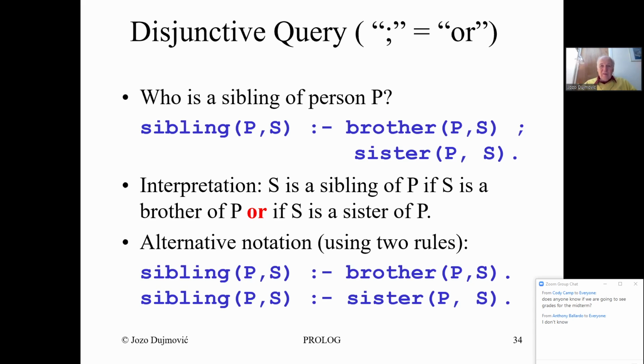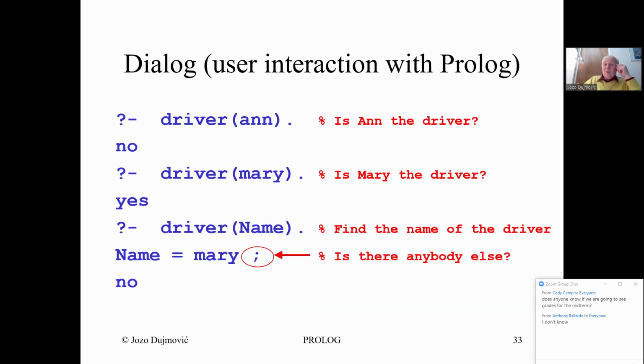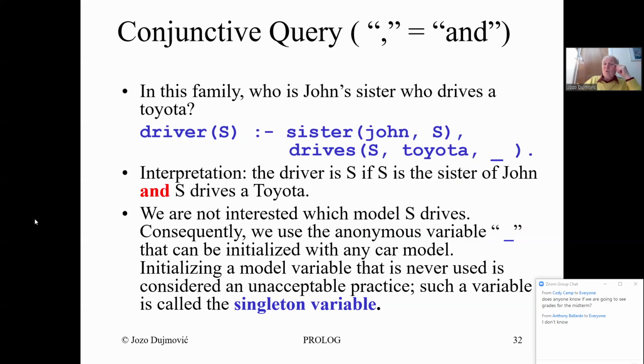Okay. If it is clear, we continue. There are also disjunctive queries. In all these queries so far, we have had a conjunctive query. So driver is S if S is sister of John, and this comma is "and".